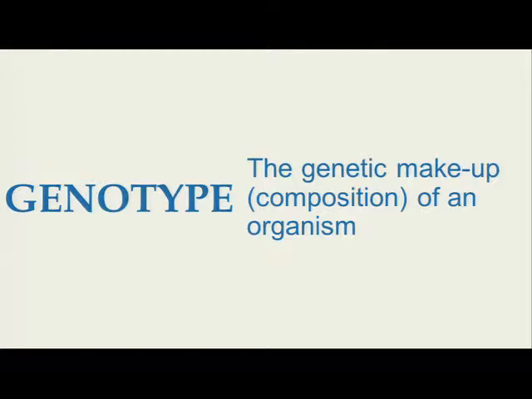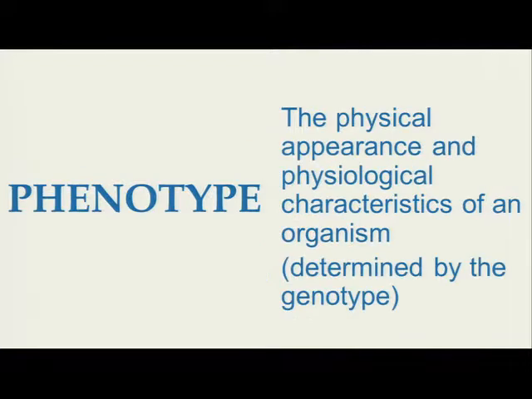What is meant by the concept genotype? It simply refers to the genetic makeup or the genetic composition of an organism. The phenotype. The phenotype is the physical appearance and the physiological characteristics of an organism, which of course is determined by the genotype. Don't forget that.